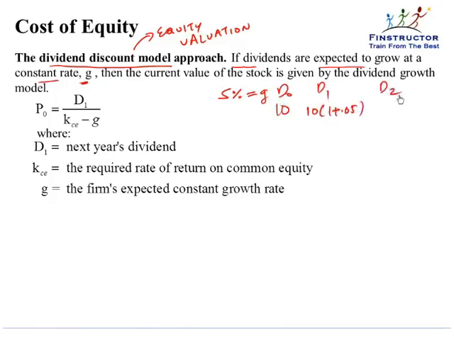The year after that, in year 2, will become 10 into 1.05 to the power 2, so on and so forth. So if dividends are expected to perpetually grow at a constant rate of G, then the current stock price can be calculated by this formula. This is called the dividend discount model, or also known as the Gordon growth model.